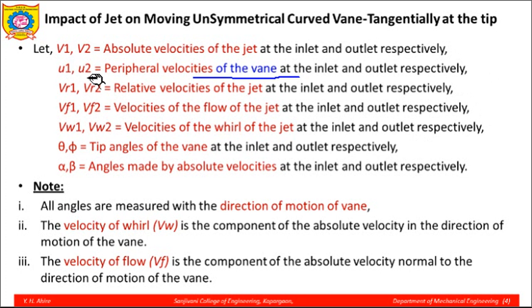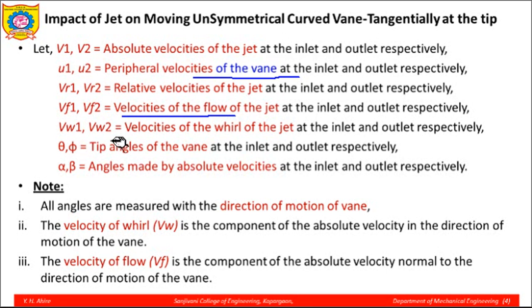VR1 and VR2 are relative velocities of the jet at the inlet and outlet respectively. VF1 and VF2 are defined as velocities of flow of the jet at the inlet and outlet of the vane.